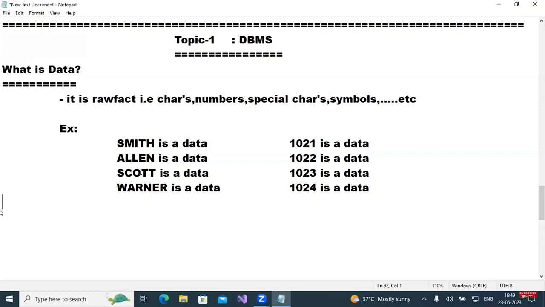Predict means we can expect or know it. Smith is an employee, customer, student, product, brand, what is it? What do you say? Smith is data. What does it mean? Is it an employee? No. Is it a student? No. Is it a product name? No. Then what?